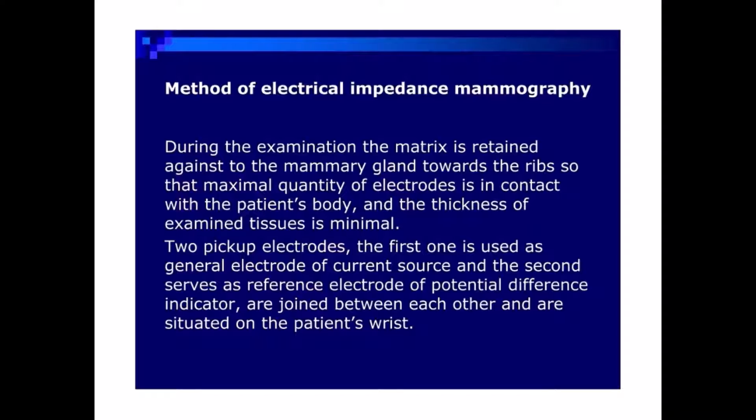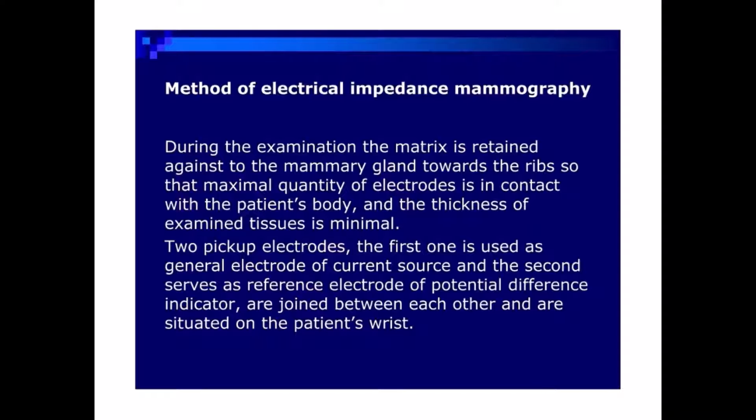Method of electrical impedance mammography. During the examination, the matrix is pressed against the mammary gland towards the ribs, so that the maximal quantity of electrodes is in contact with the patient's body, and the thickness of examined tissues is minimal. Of the two remote electrodes, the first is used as the general electrode of the current source, and the second serves as the reference electrode of the potential difference indicator.